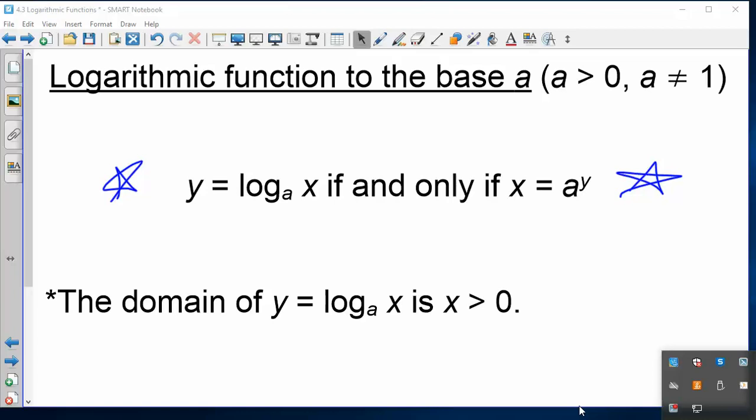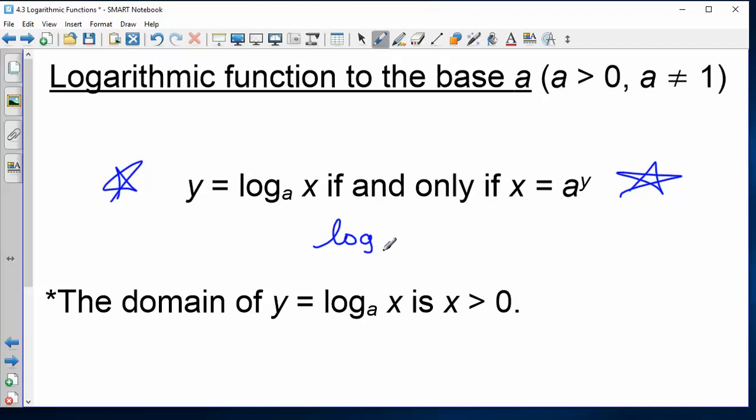So essentially what this tells us is that the logarithm is telling you an exponent. If I said log base 2 of 8, it's saying 2 to what power would be 8.